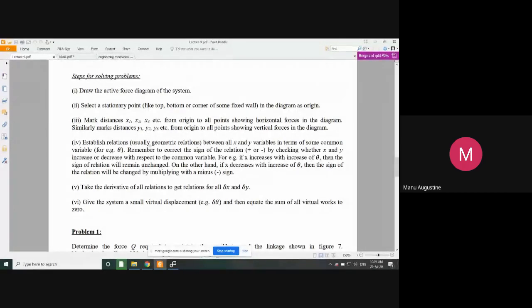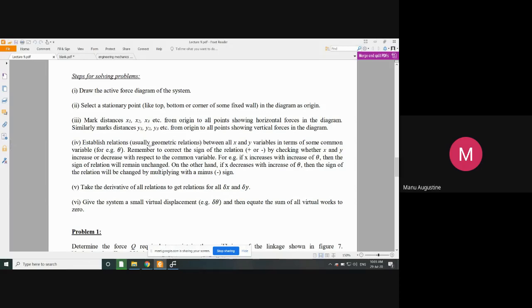If the force and displacement are both negative, still the work will be positive because both of them are in the same direction. And now we will start solving some numerical problems related to virtual work.